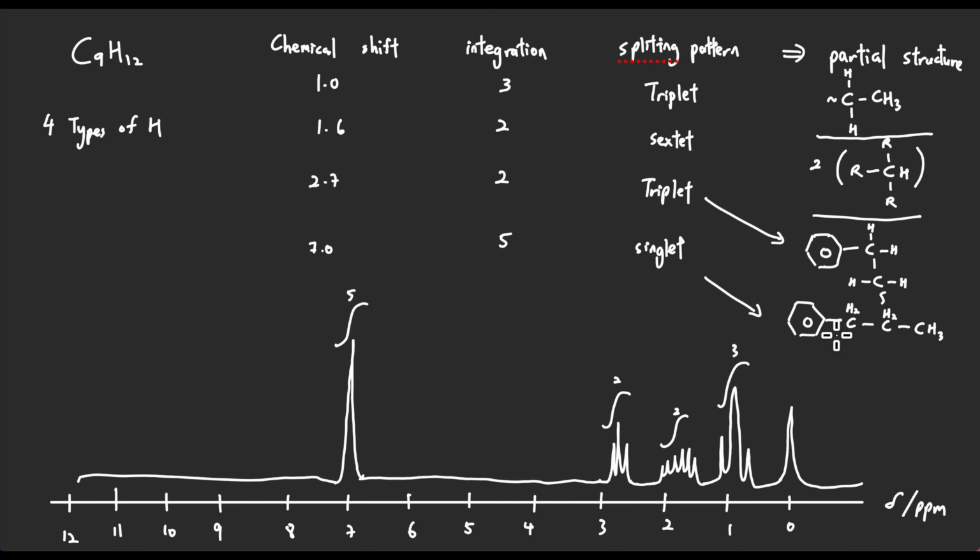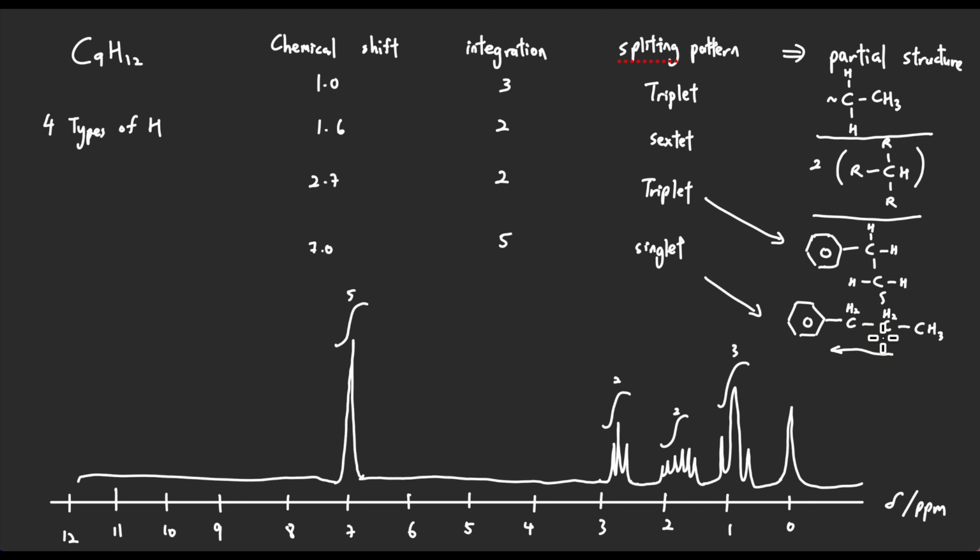Because of the increase of s character, the electron will be held in place. So this carbon particularly is going to be affected by this one. And remember that we have an electron donating group here, so the overall electron movement will be toward the left side, and that means this carbon is going to be deshielded.